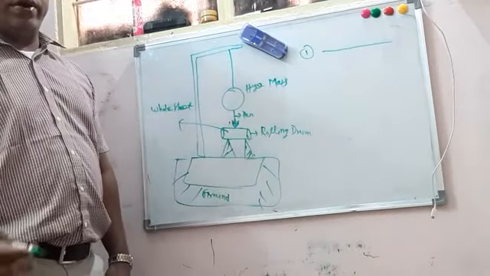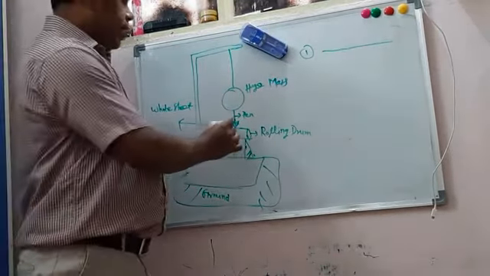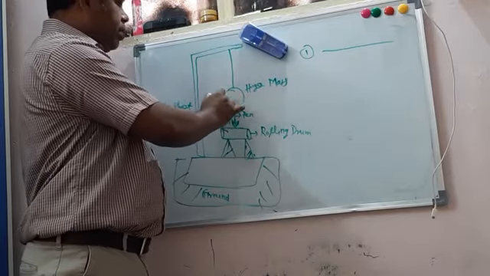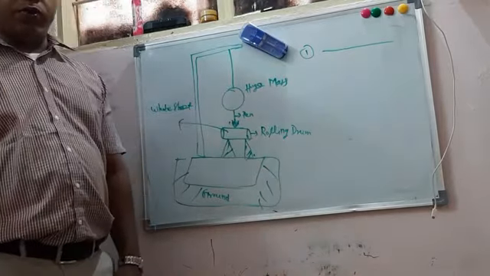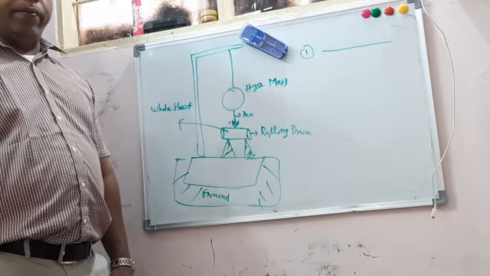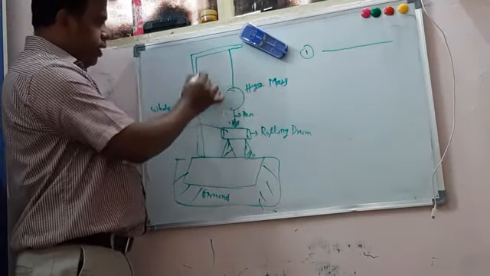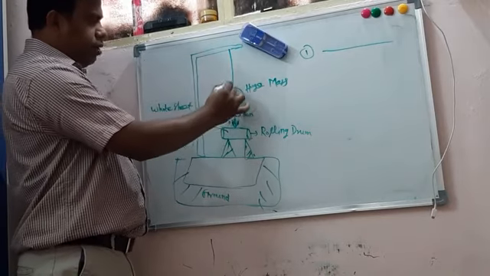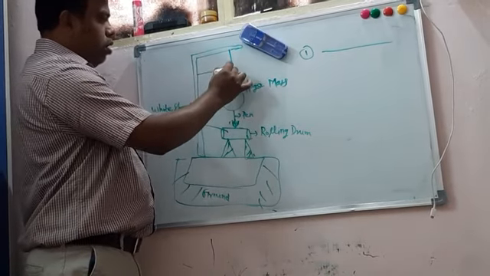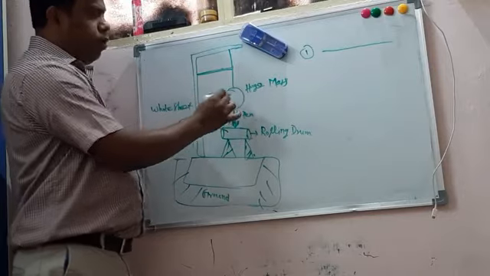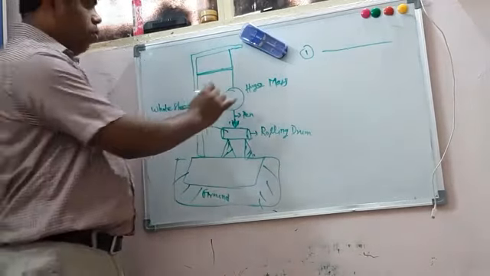Suppose an earthquake takes place, this mass is not going to move even a millimeter distance, although it is connected to the frame, because of its own inertia, it is not going to move.